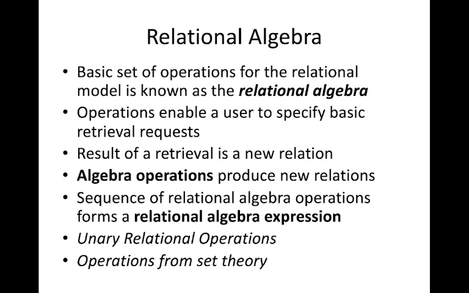We know in set theory we have union, intersection, and different operations like that. Based on that there are some operations in relational algebra. Then the third set is binary operations, where two or more relations are involved. We call it binary operations. So in this lecture we will see about unary relational operations, that is operations on a single relation.